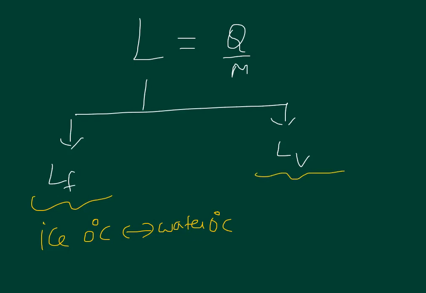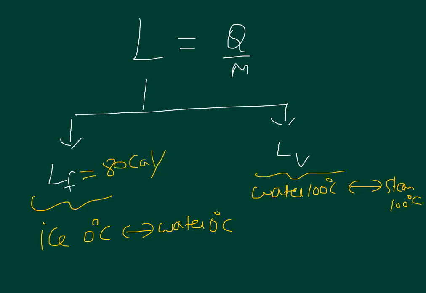For LV, water at 100 degree centigrade to steam at 100 degree centigrade and vice versa. LF value is 80 calorie per gram, LV value is 540 calorie per gram.